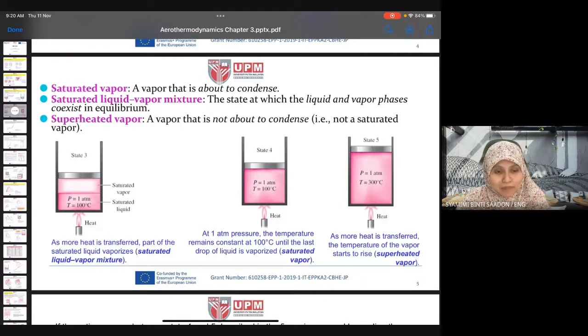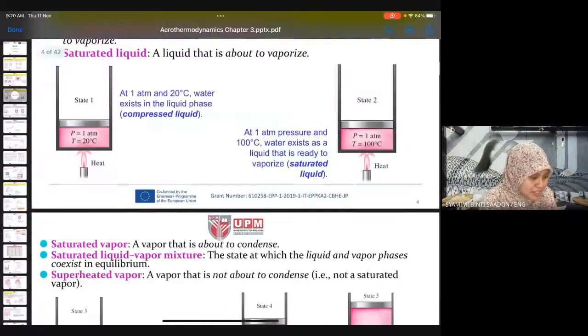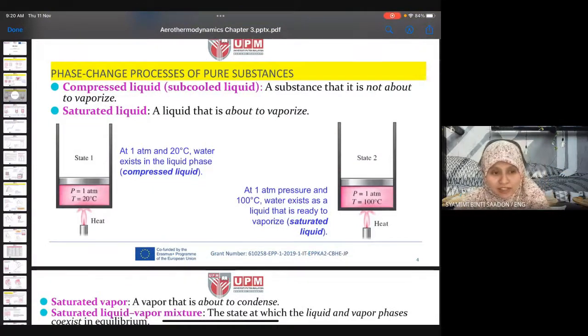At first it is compressed liquid, then saturated liquid, and after the saturated liquid the water goes through the vaporization process. During that vaporization process, the phase of the water is a combined mixture of liquid and vapor, maybe at the beginning, around 101, 102 degrees Celsius.